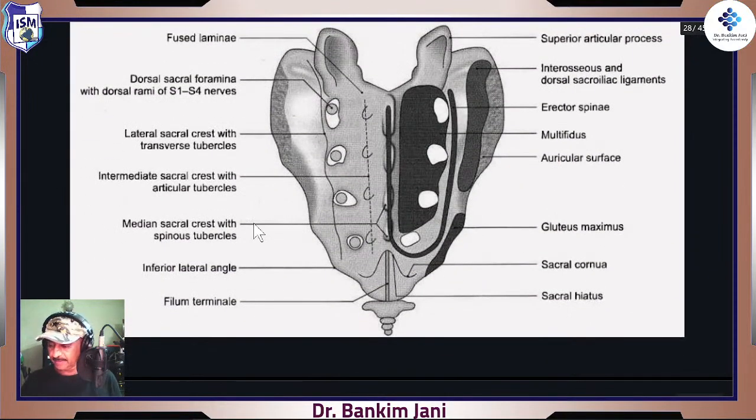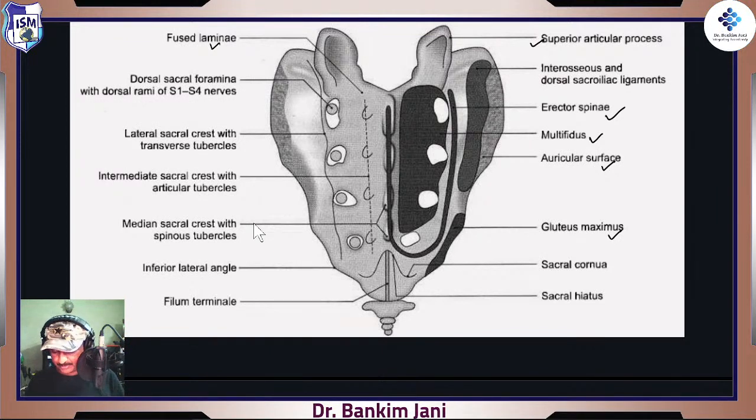Again, just for our familiarity, the superior articular process, we saw that. These are fused laminae. Surely, because all of S1, S2, S3 are fused. Erector spinae and multifidus, we know these are the muscles of the back, so no need to worry. That is the auricular surface, we have heard of it. Gluteus maximus. Sacral cornua, sacral hiatus.